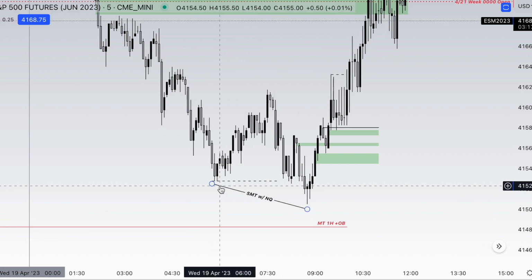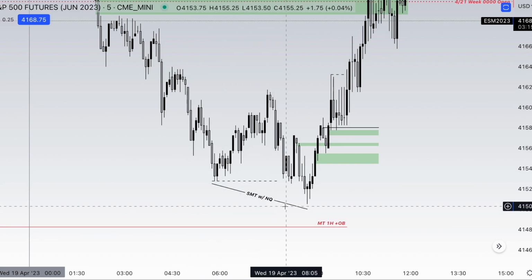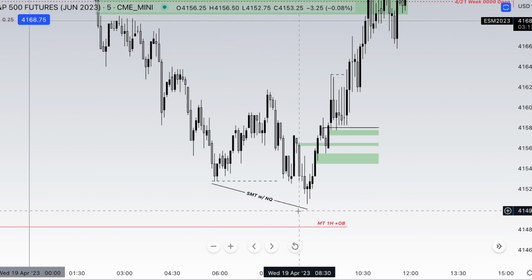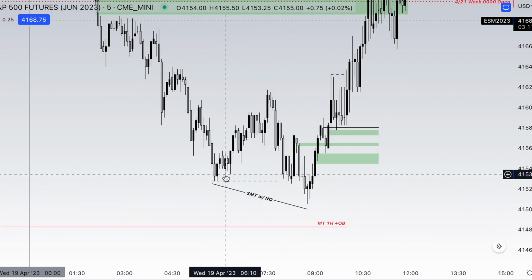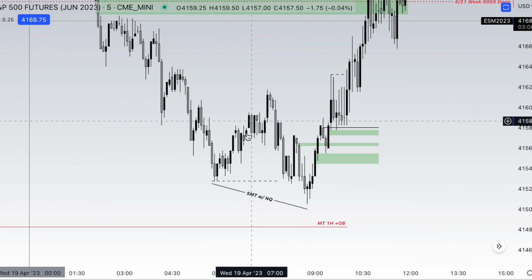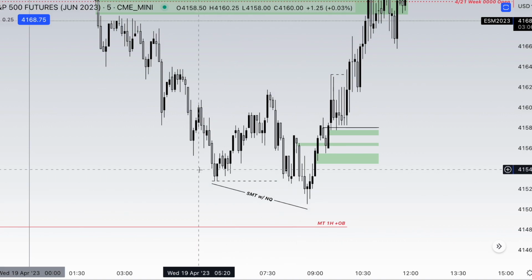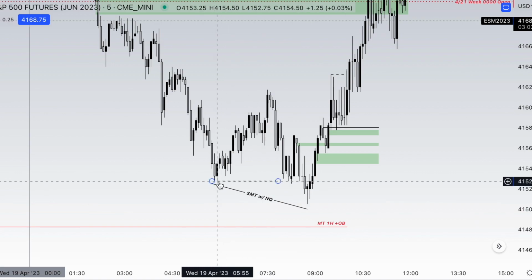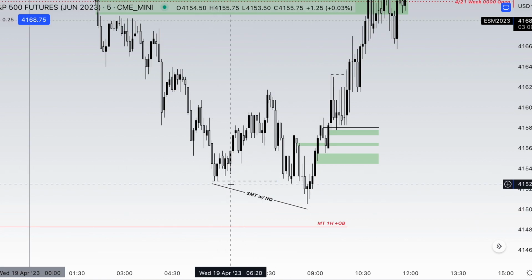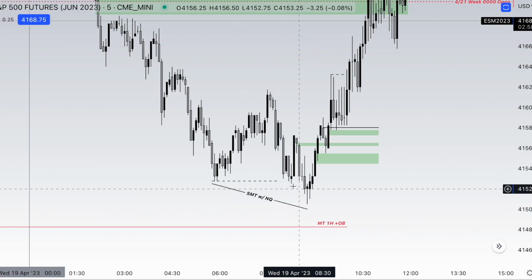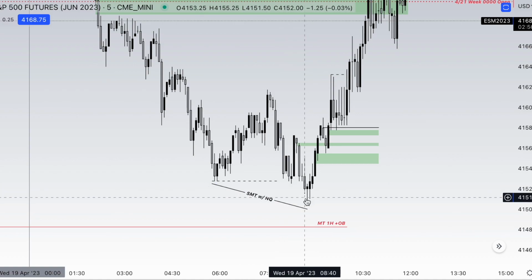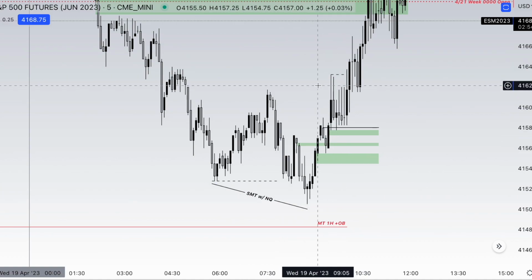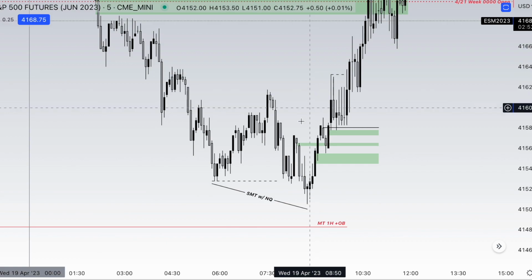So we also had an SMT, which is more topics I'm going to cover here on the channel. An SMT is basically a failure swing to make a lower low and take these stops here, because paired with the bullish bias, a run below here would be a signal for buying if you're using Smart Money Concepts.